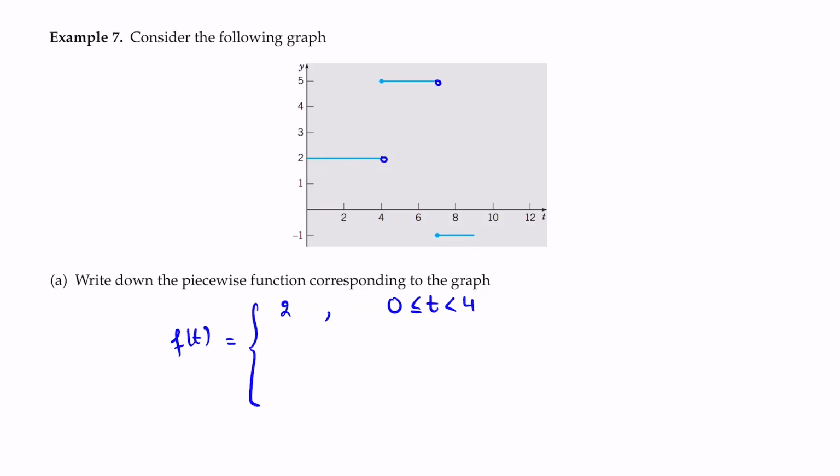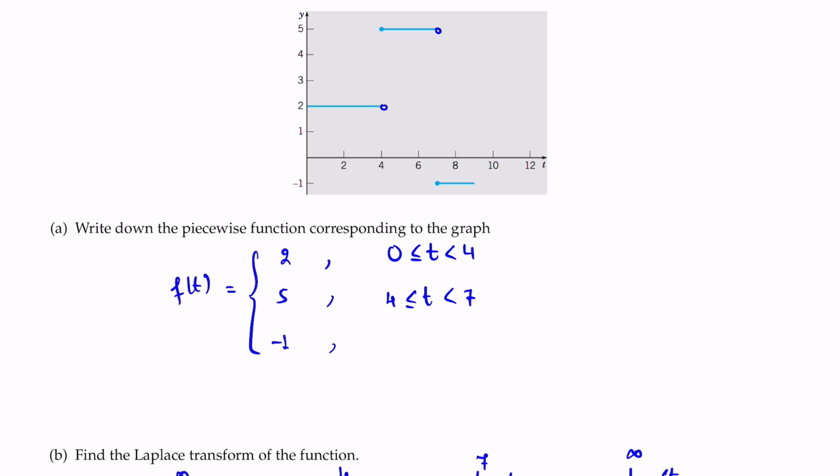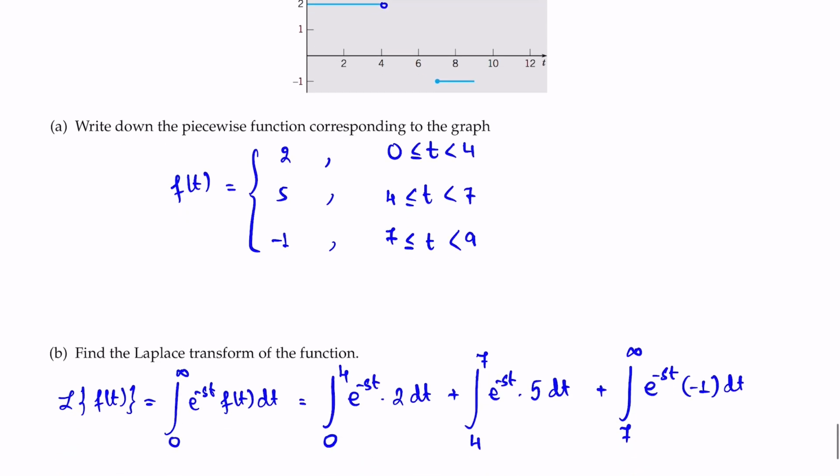Now for the second function, the function is equal to positive 5 when t is between 4 and 7. Okay, so be careful there. t is greater than or equal to 4 and strictly less than 7 because of the closed and open circle. Since the signal stopped at 9, let's just break it so that t is between 7 and 9, and the function is negative 1.